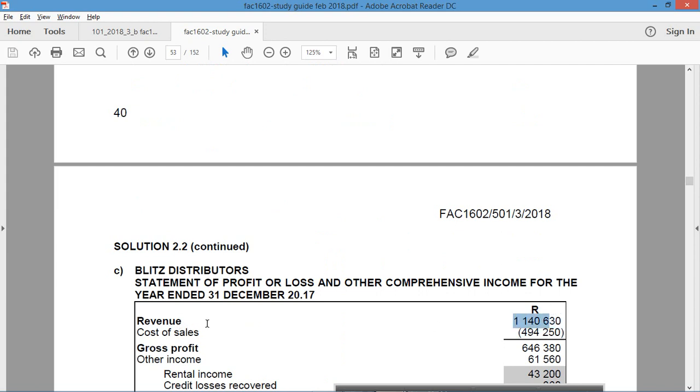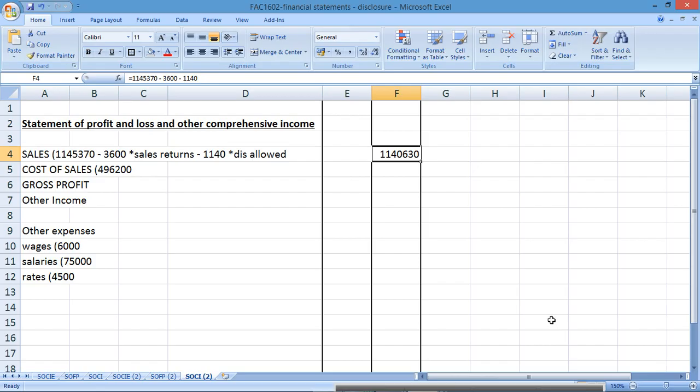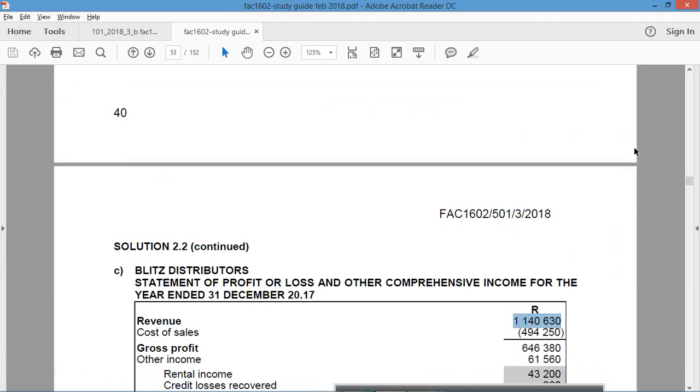If you had the printed study guide, I would have shown the brackets here and that working. Just make a note in terms of how they do it. I've seen them do that often in terms of disclosure. There's nothing wrong with doing it that way. It's a presentation line item, that's all. Okay, let's go back to the question.